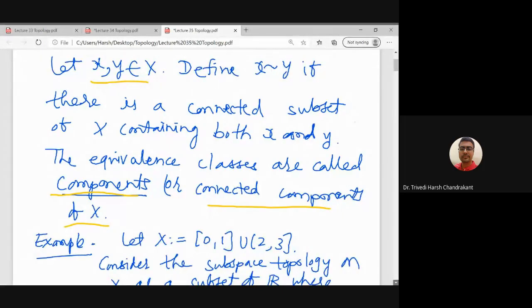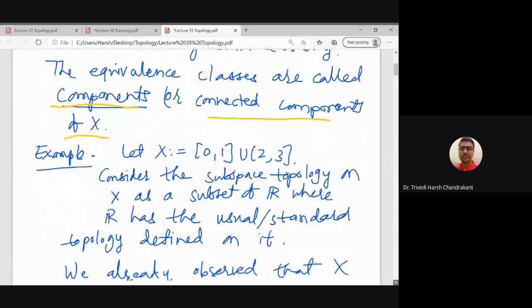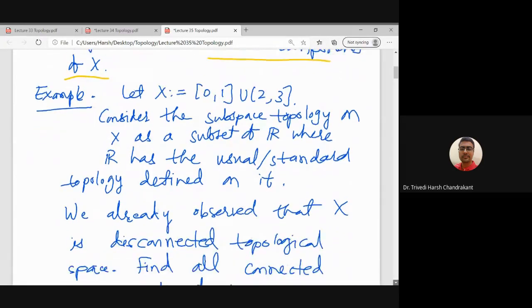We have already observed that this topological space X, as a subset of the real line with the standard topology, is a disconnected space. We have seen this example earlier. So now the question is: what are the connected components of this topological space X?